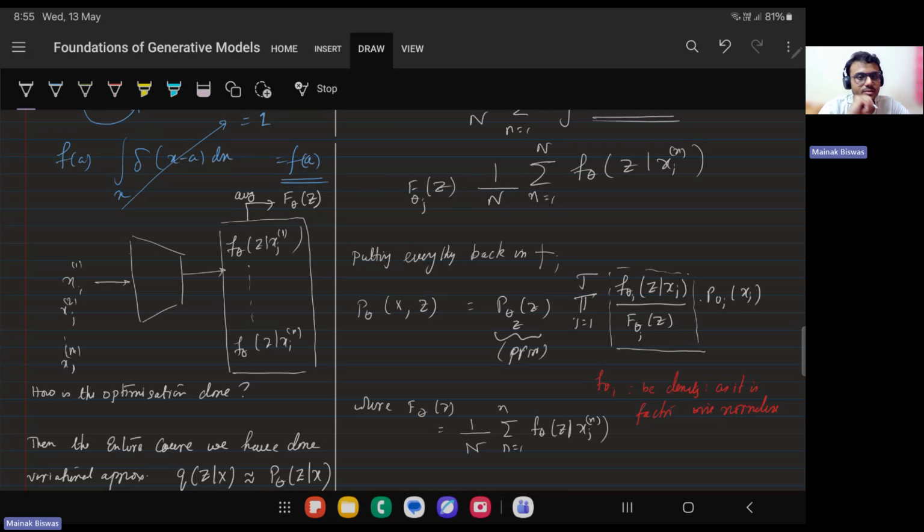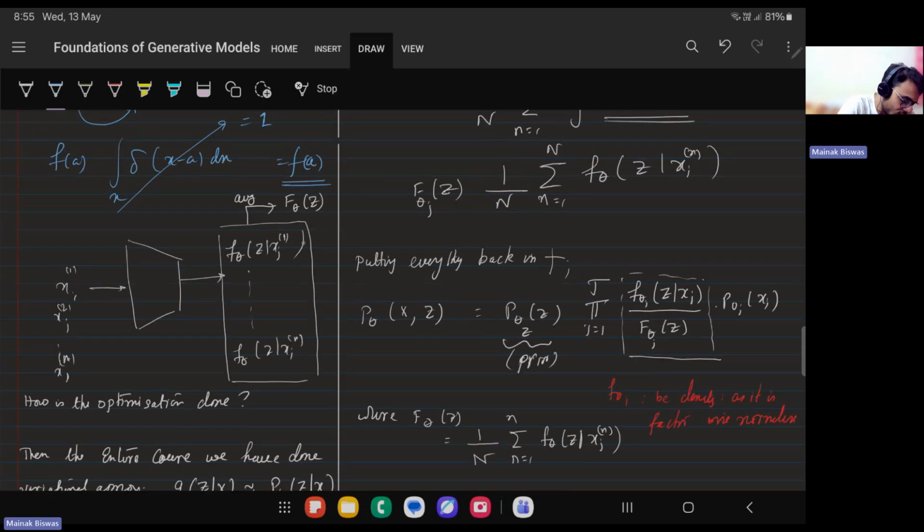And then each of these would be divided by this f theta to get a distribution, right? So this is my joint distribution, right?